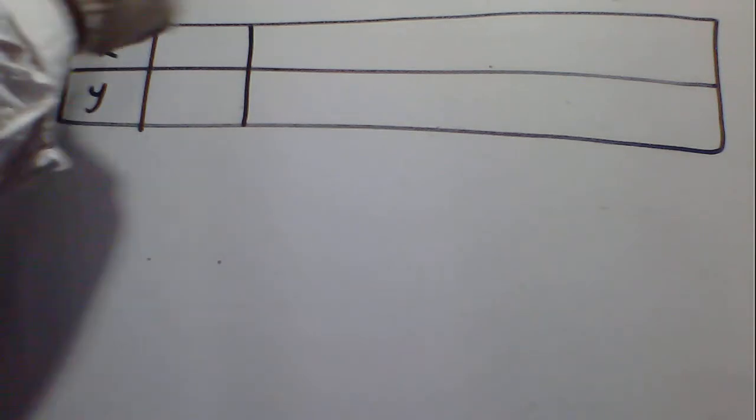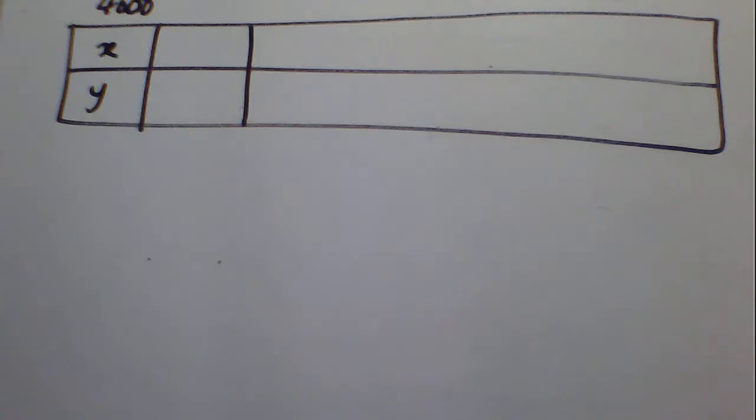So the first step is to draw the table of values. So this is x and y. You are already given 2,500. Let me put it in the table of values.